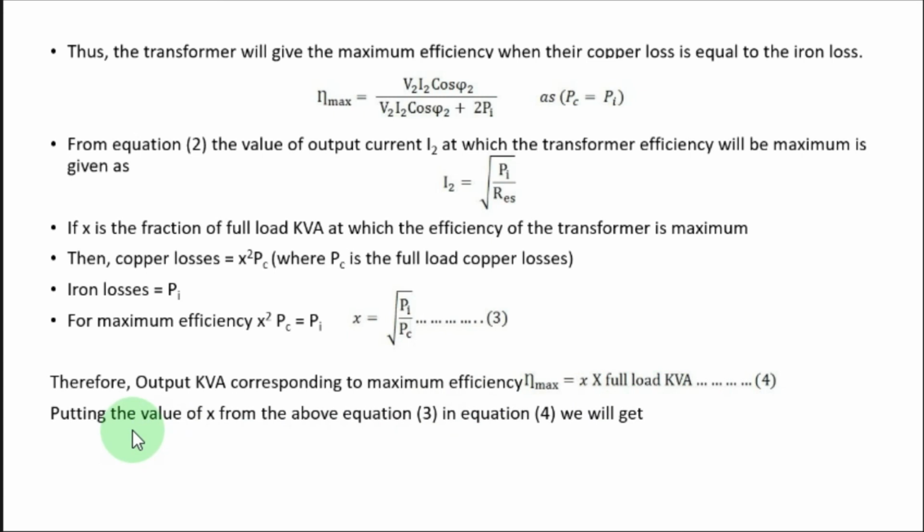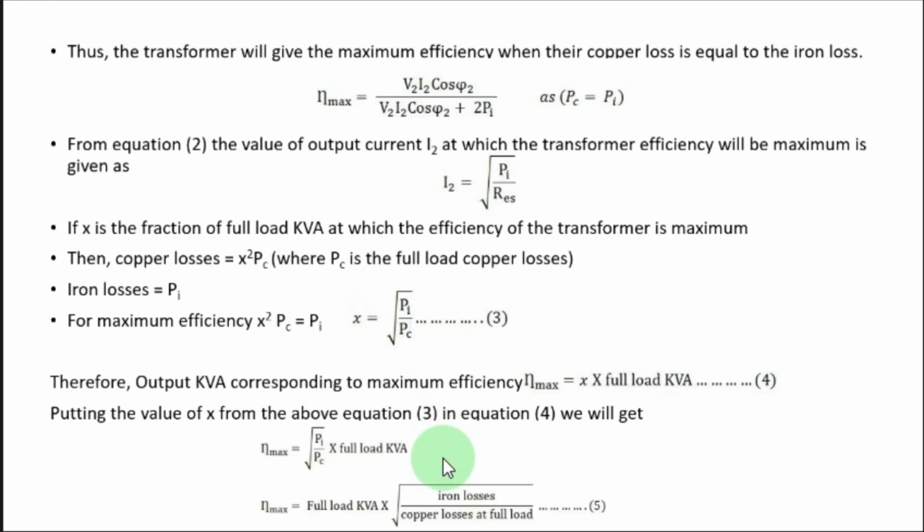So if you put the value of x from the above equation here, then we get the maximum efficiency: full load kVA into the square root of iron loss over copper loss at full load.